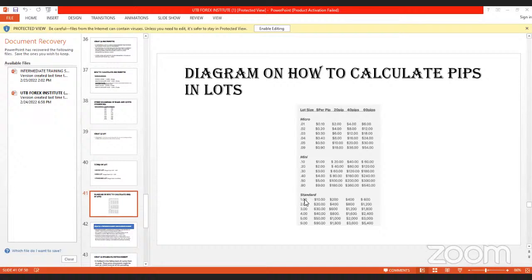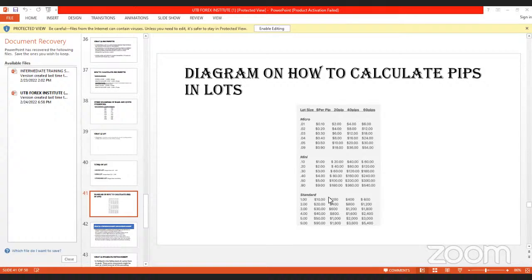Now, for a standard lot, which starts from 1, 1 point move, 1 pip move for a standard lot is $10. It's either 10 in your direction or minus 10 if it's going against your direction. So you know the kind of amount you should have to trade one standard lot in your account.